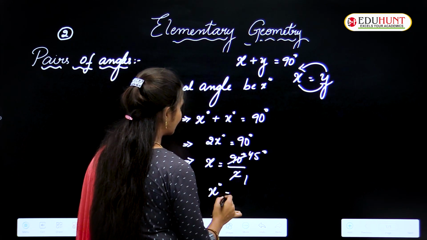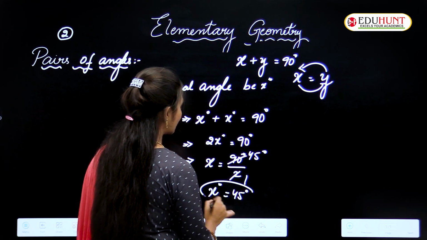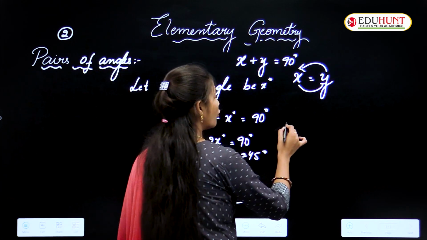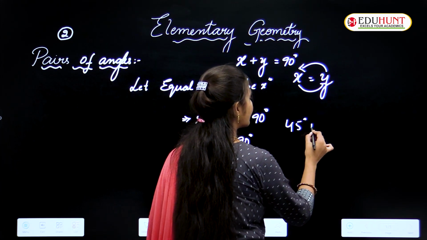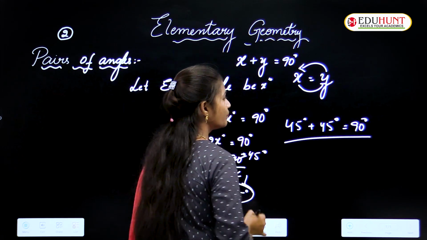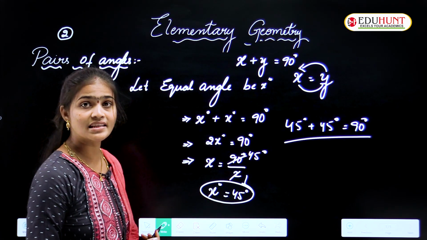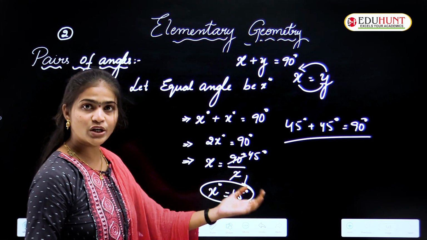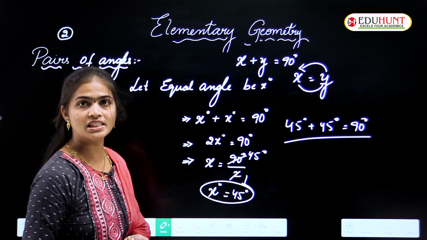So what is that angle here? That angle is nothing but 45 degrees. If you add 45 degrees to that 45 degrees, then you will get 90 degrees. Yes or no? This is satisfying that question. Here two angles are equal and those two are complements of each other.